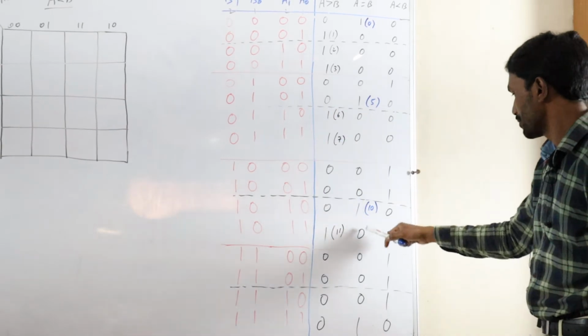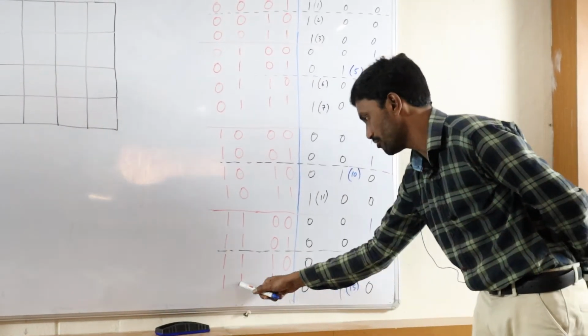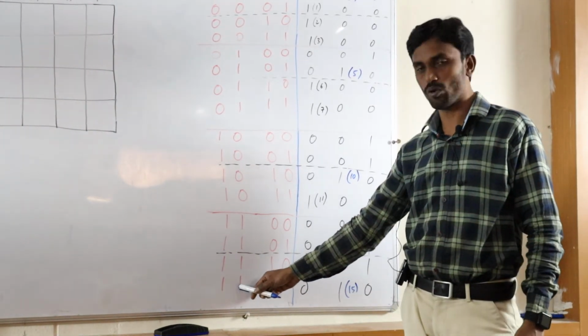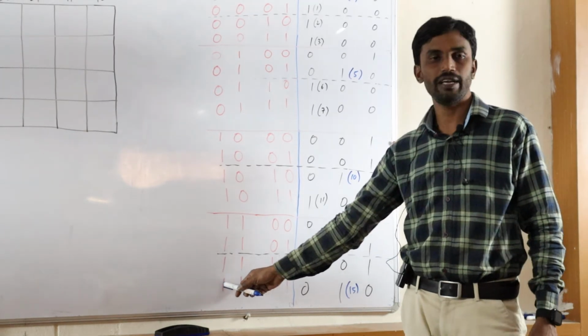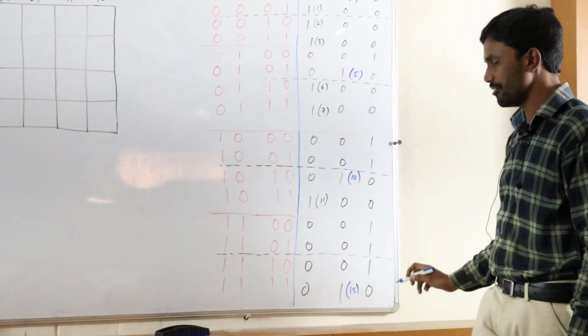See this last one, this is 15: 1, 2, 4, 8, 3 plus 4 is 7, 7 plus 8 is 15. So these are the 4: 0, 5, 10, 15.